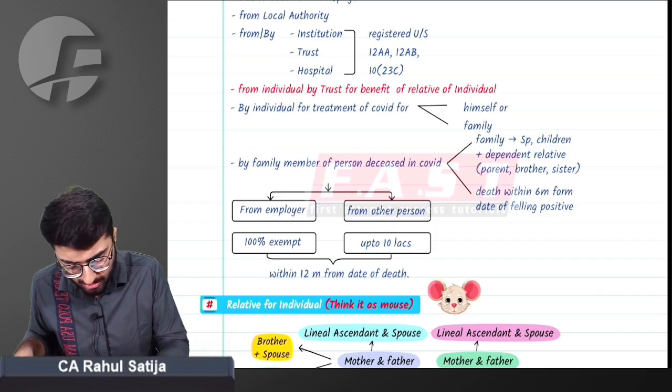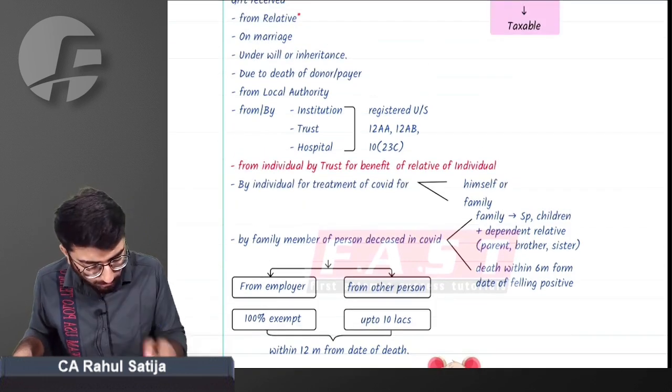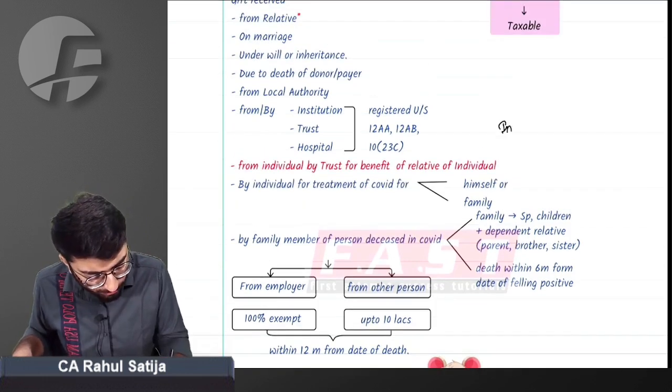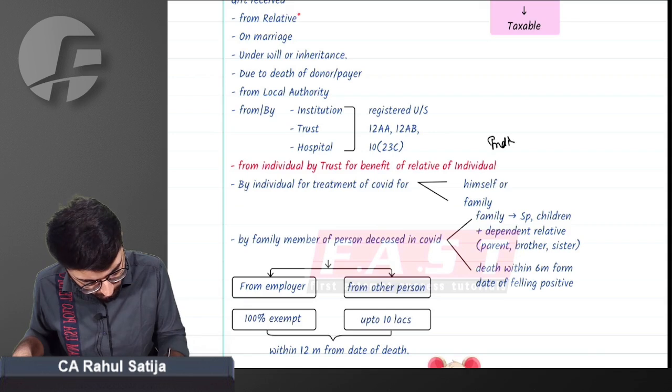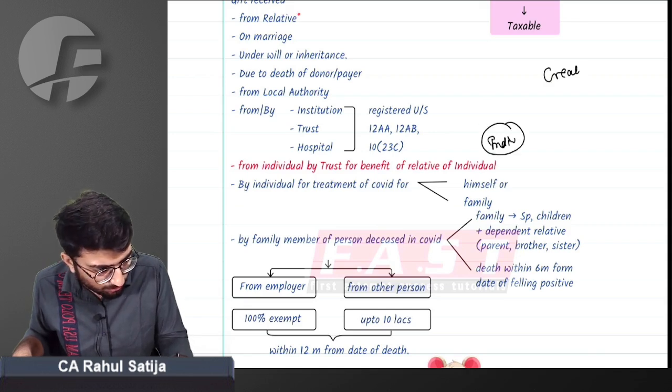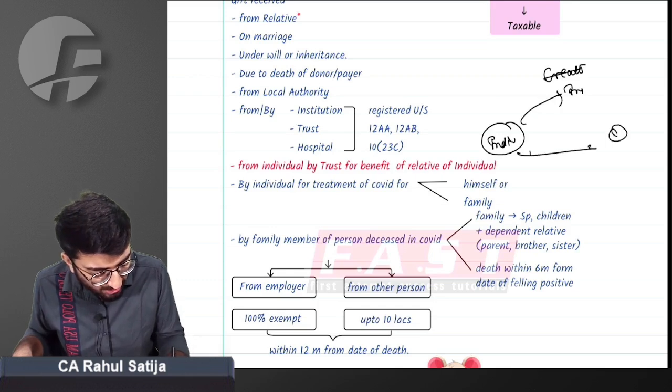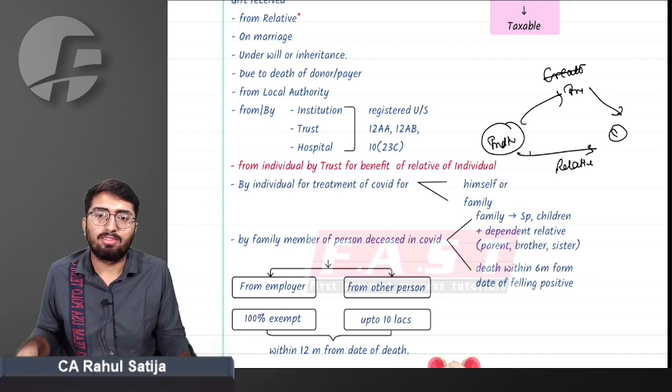Last exempt gift will be if an individual creates a trust for benefit of its own relative.